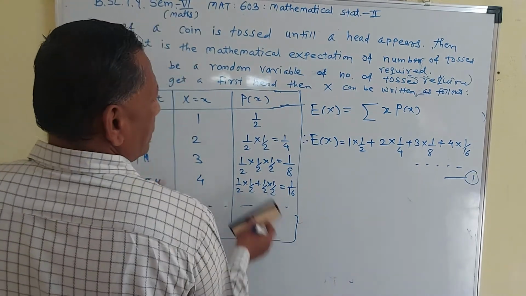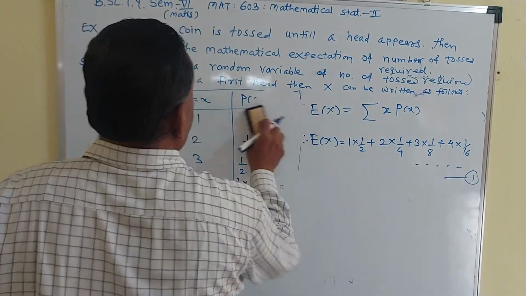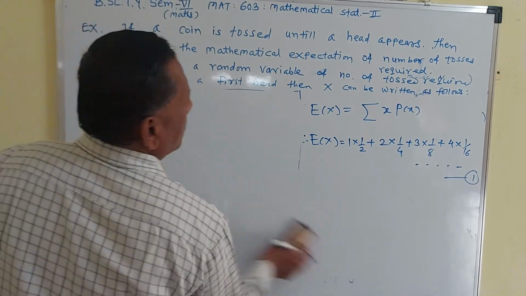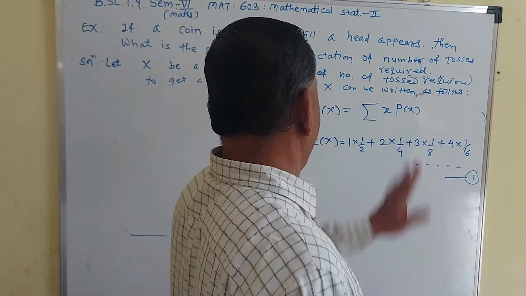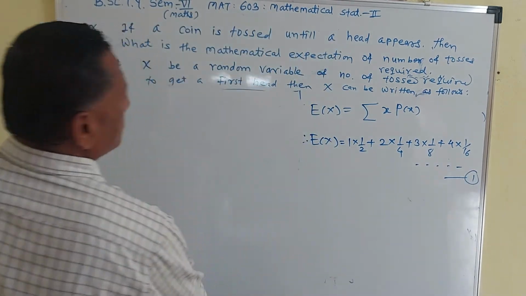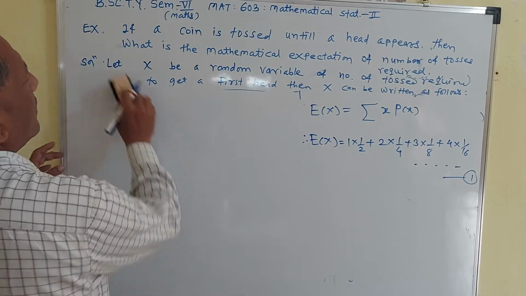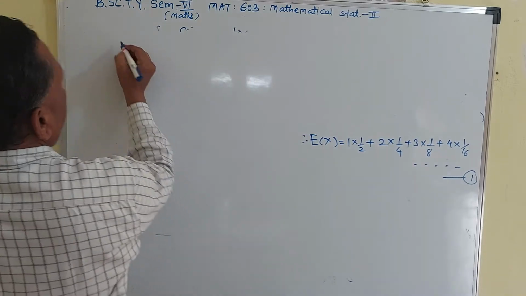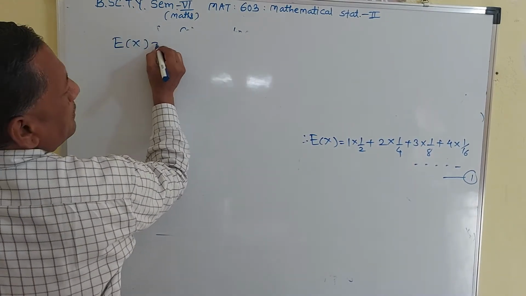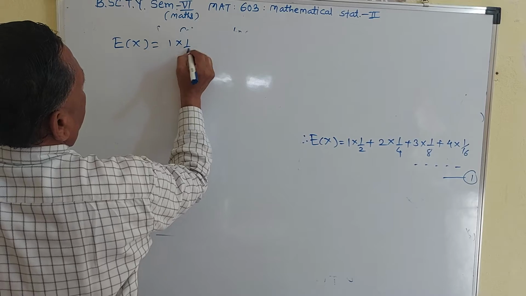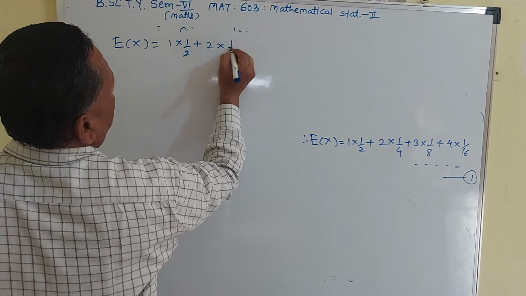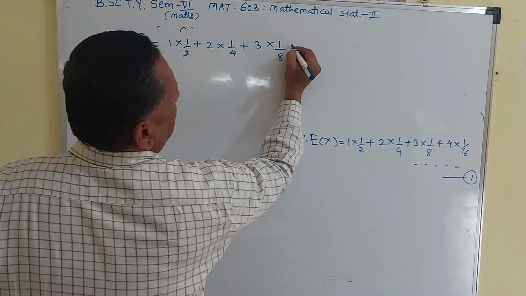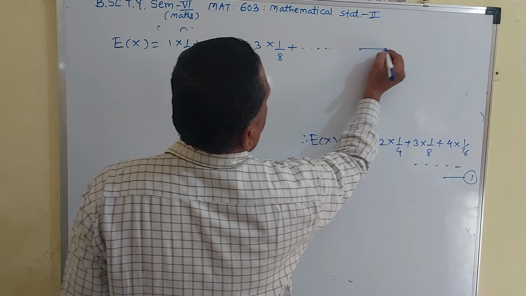I will remove this table because we have used it. So your E of x is equal to this. I will write E of x here: E of x is equal to 1 into 1 by 2, plus 2 into 1 by 4, plus 3 into 1 by 8, plus and so on.